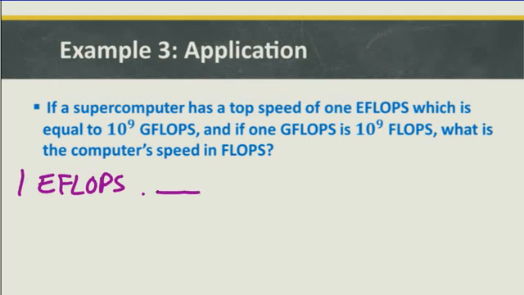So I need to get rid of exaflops. And it says 1 exaflops is the same as 10 to the 9th gigaflops. So I need exaflops on the bottom. So 1 exaflops is the same as 10 to the 9th gigaflops.